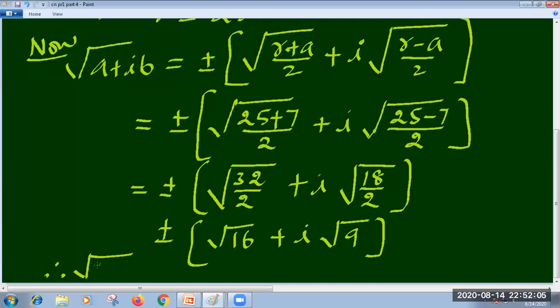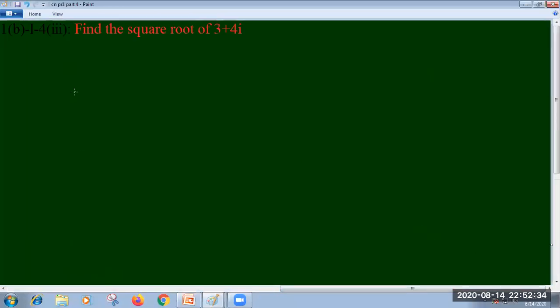The square root of 7 plus 24i is equal to plus or minus 4 plus 3i. So this is how we find the square root. First write down the a and b values, real and imaginary, then find out the r value, under root a square plus b square, then substitute the r and a values in the formula, and you will get the answer.